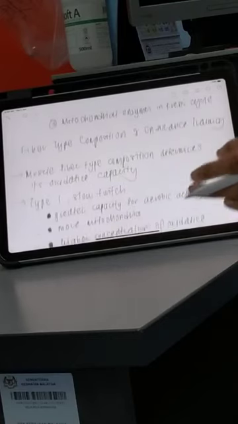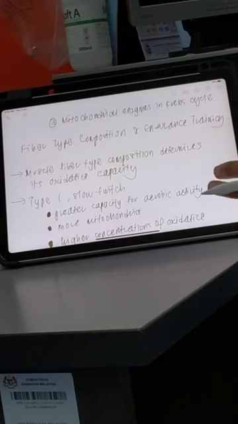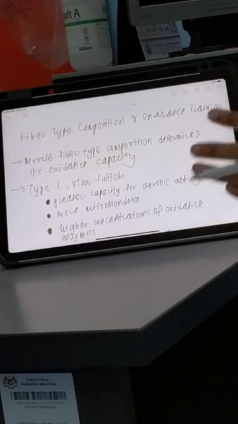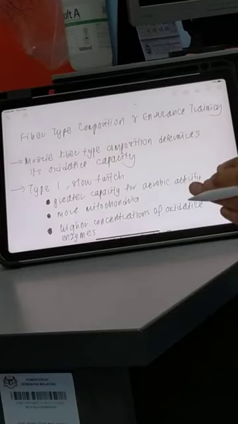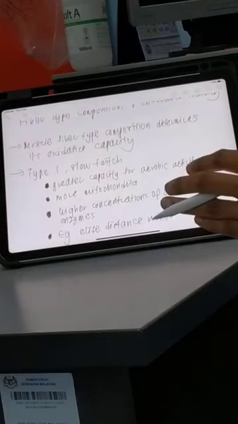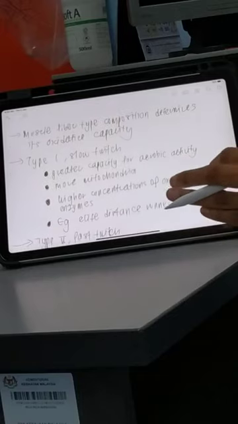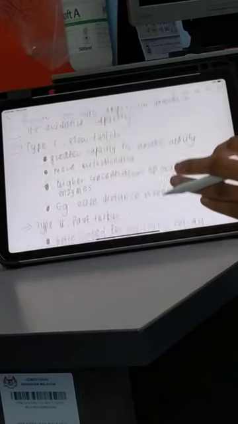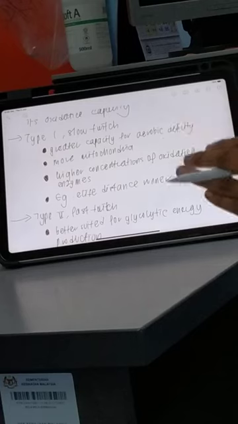Next, fiber type composition and endurance training. As previously, muscle fiber type composition determines the oxidative capacity. In a previous presentation I mentioned type 1, which is slow twitch, and type 2, which is fast twitch.